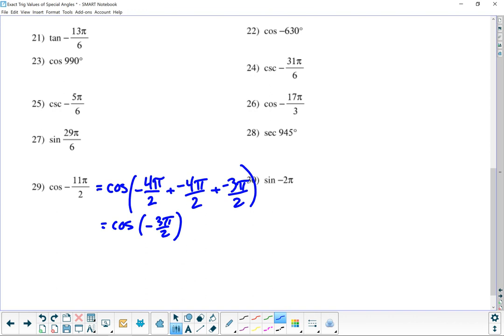Now 3 pi over 2 is right at the bottom, if you're looking at your unit circle. 3 pi over 2 is down at the bottom here.